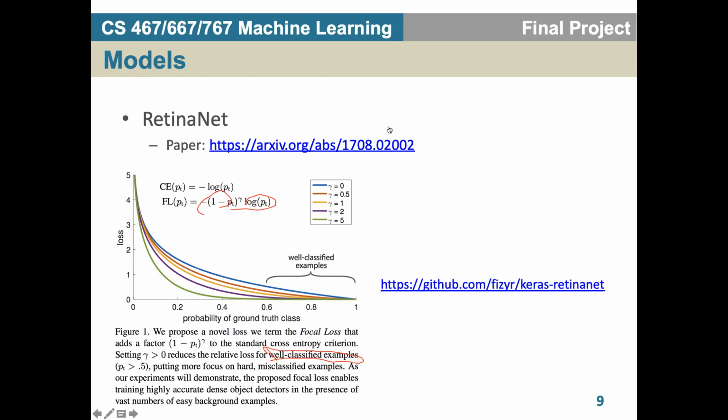Remember, we talked about cross entropy loss, which is really minus log p_t, where t is the true class. Now you have another weight adjusting that. If your class probability is very low, meaning it does not appear a lot, you can boost its weight a little bit. This is called focal loss. If you read this paper, there's something here, and there's an implementation here that you can also follow. All these implementations are very detailed.